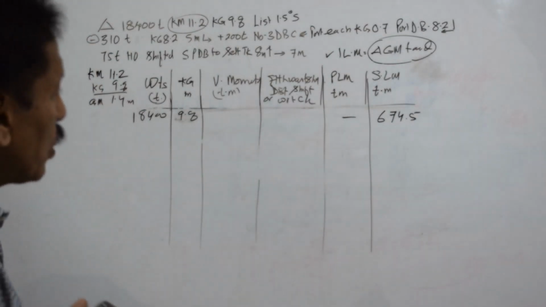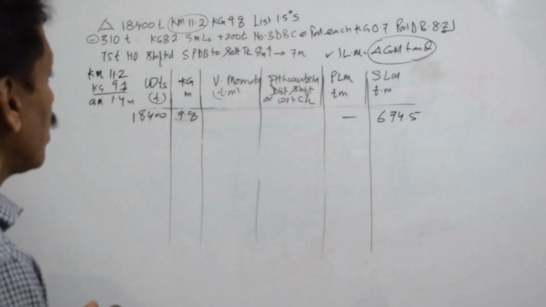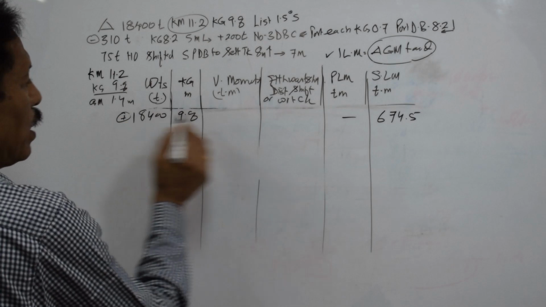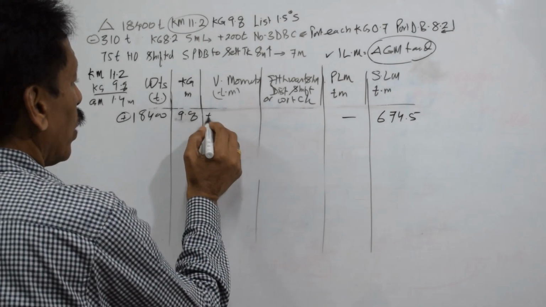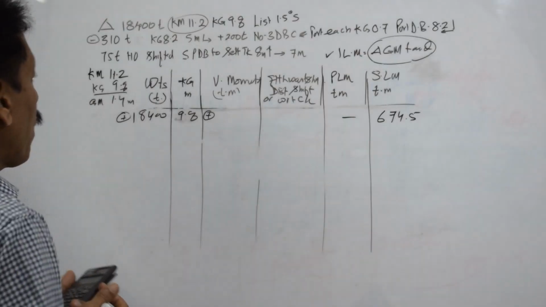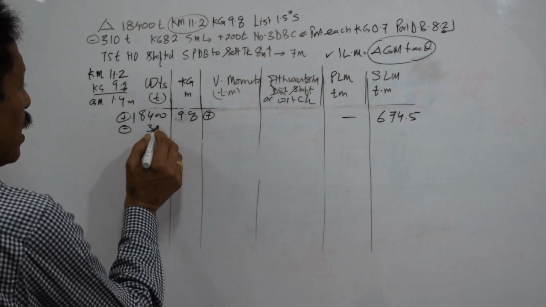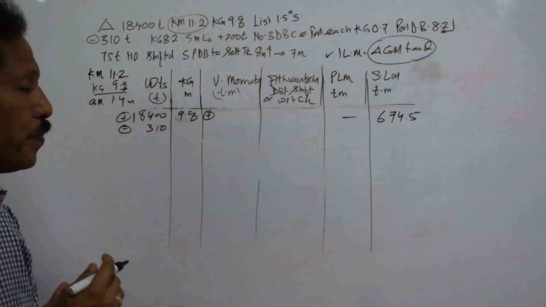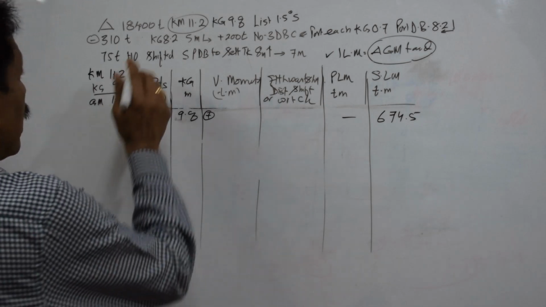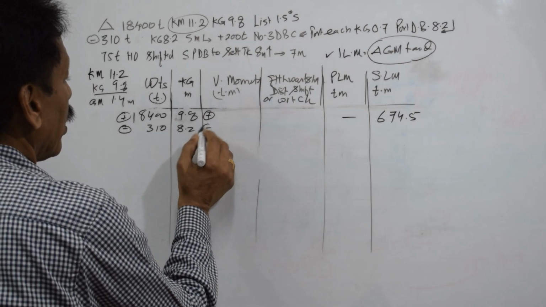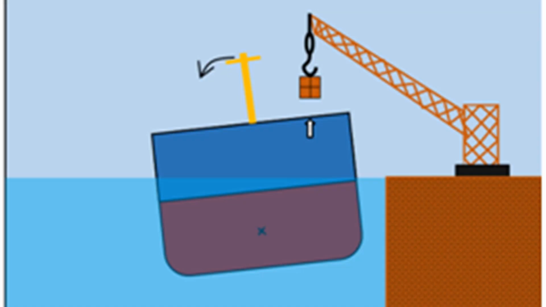There is an initial starboard listing moment of 674.5 tons meter. I put plus here, and over here the moments are going to be plus. Now when we discharge 310 tons, I put a minus sign here, and this is from a KG of 8.2 meters. We'll have a negative sign here also.